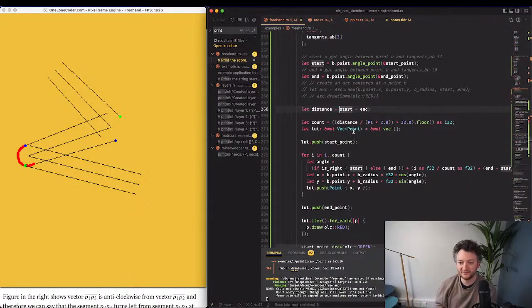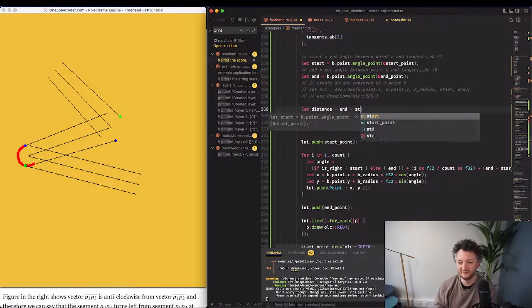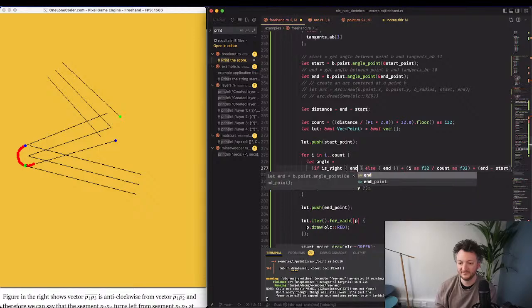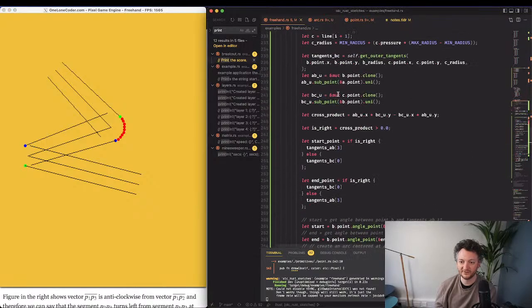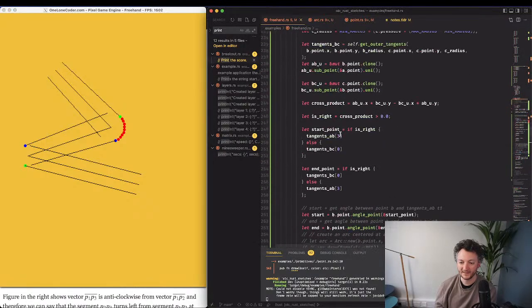Yeah, when I sweep backwards, the rest. So I think it should be end minus start always. Start is end minus start. That's the truth. Okay, so this is correct, but now we have this wrong thing over here.